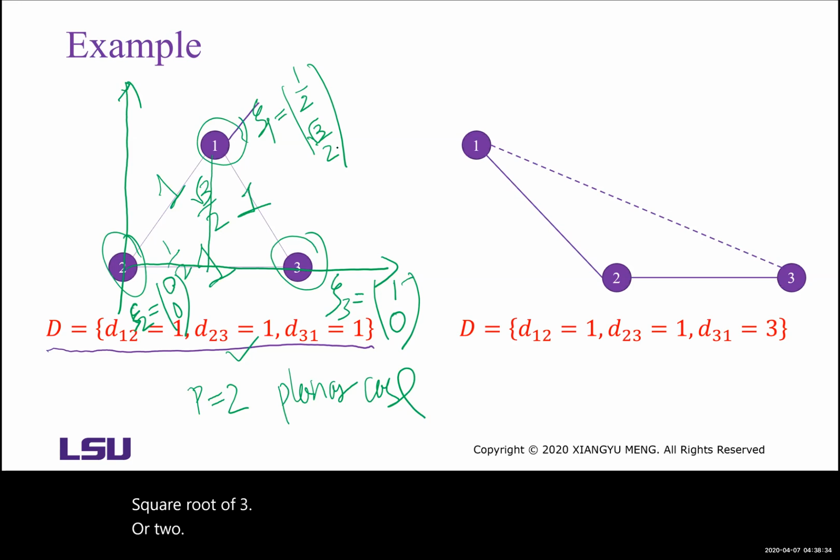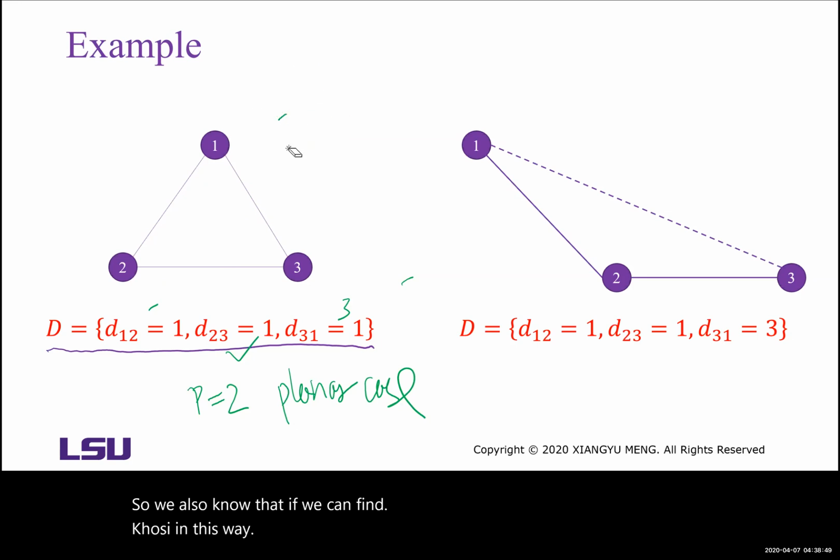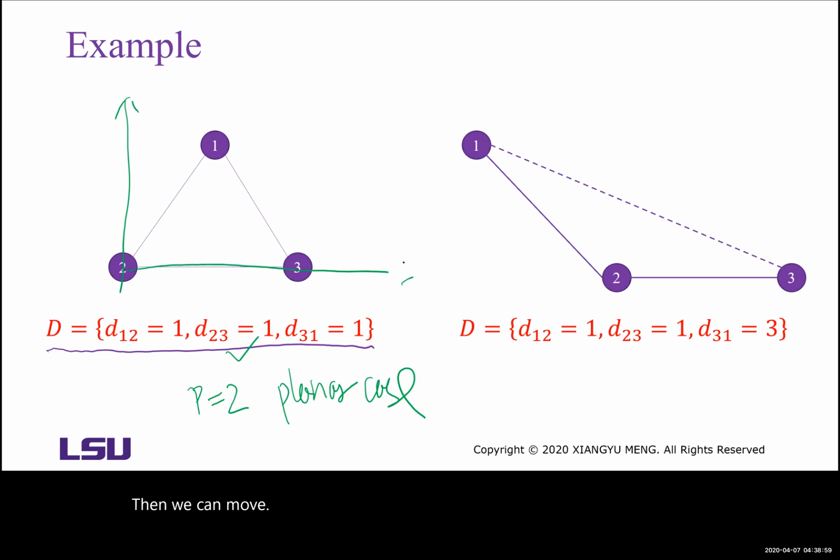So we also know that if we can find c in this way, then we can move this shape along the coordinates while keeping the distance. So it will still satisfy this coordinate.